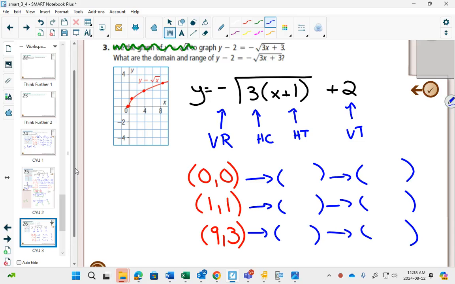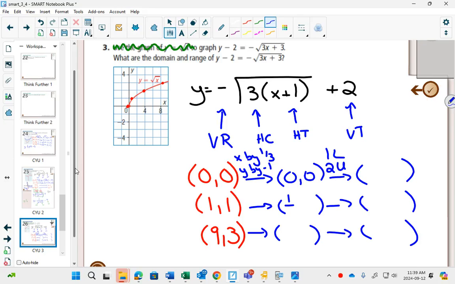Okay, so we have a reflection and we have a compression. So my x's are getting multiplied by 1/3. My y's, the reflection will multiply y's by -1. The translation, that 1 is 1 to the left. That 2 is 2 up. Nice thing about 0, 0, it stays 0, 0.